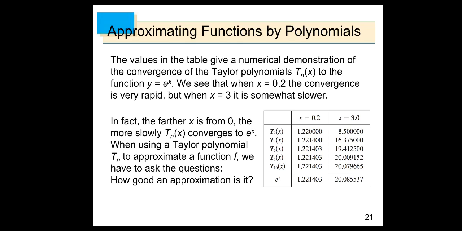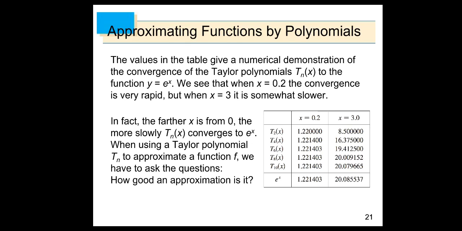When x is equal to 0.2, the convergence is rapid, but when x is equal to 3, it is somewhat slower, and the values are really different from each other in both columns.